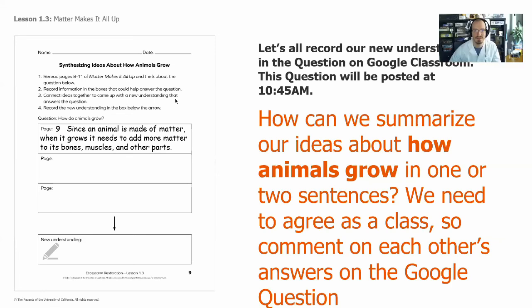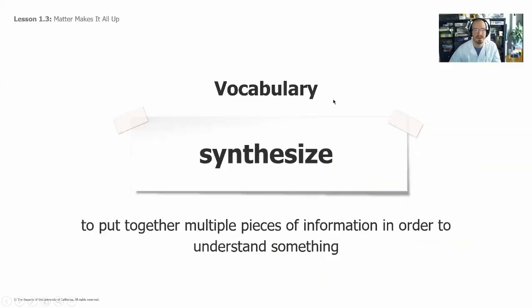All right, so once you've done that, we're just going to write down one more vocabulary word, and this is synthesize. So to synthesize means to put together multiple pieces of information in order to understand something. So we synthesize ideas from the book to come to a new understanding about how animals grow.